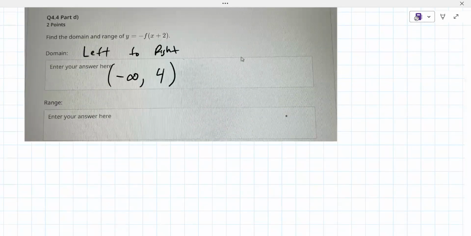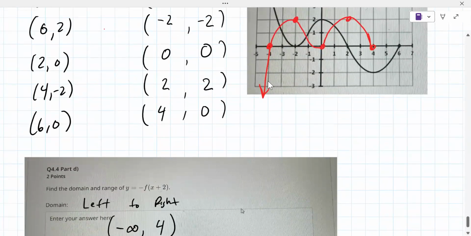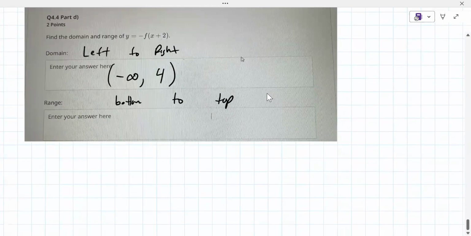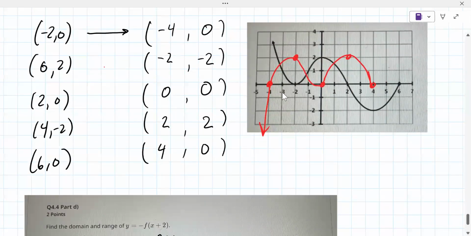The range is bottom to top, or you can think of it as min to max. How far down does this go? Negative infinity. And then what's the peak? What's the highest y value, the largest y value that you see in this list? 2.